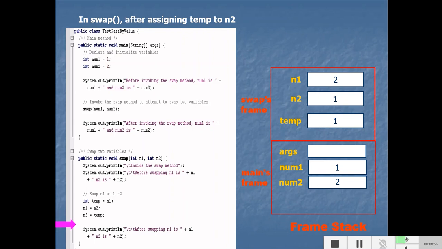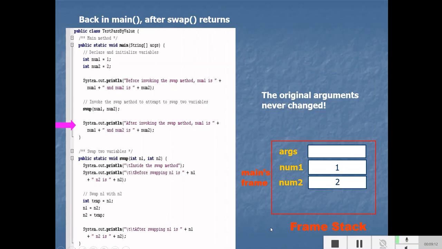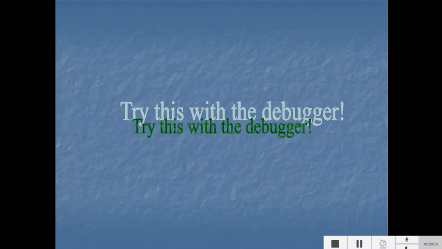If the print takes place, it's going to say they're swapped. But the actual parameters have not changed. Nothing has happened to num1 and num2. They're still the same. So therefore, the original arguments never changed, and this print is going to say they're still the same. So let's take a look at it in NetBeans.